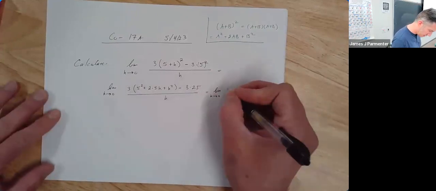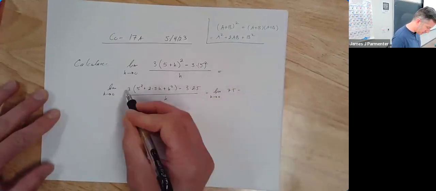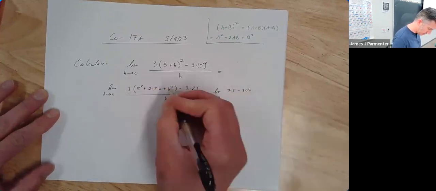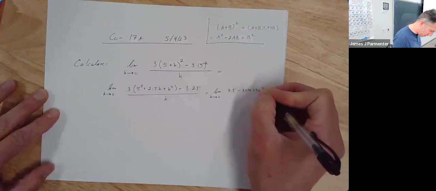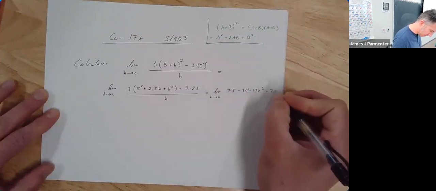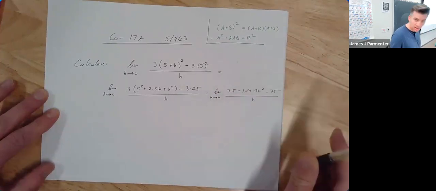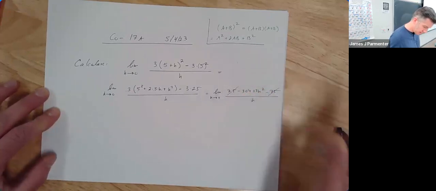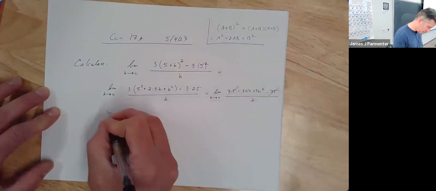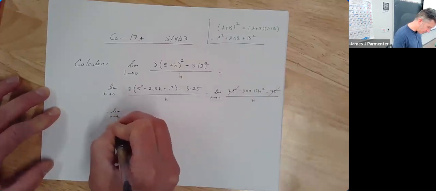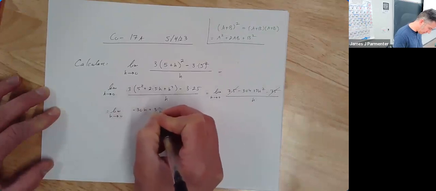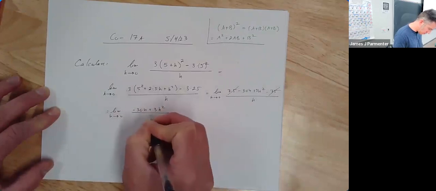So you're going to get 75 plus 3 times 2 times 5 times h, which is 30h, plus 3 times h squared, which is 3h squared, minus 3 times 25, which is minus 75, over h. The 75s cancel. We're left with the limit as h goes to 0 of 30h plus 3h squared over h.